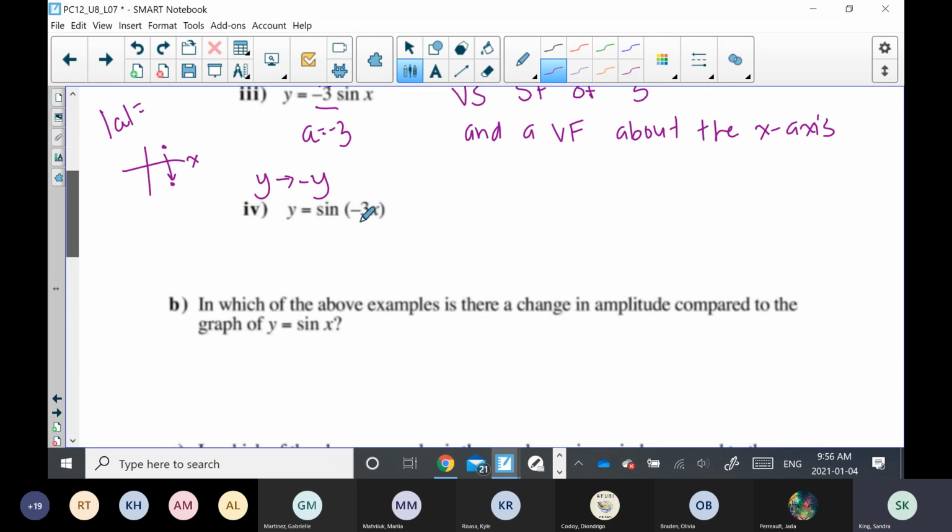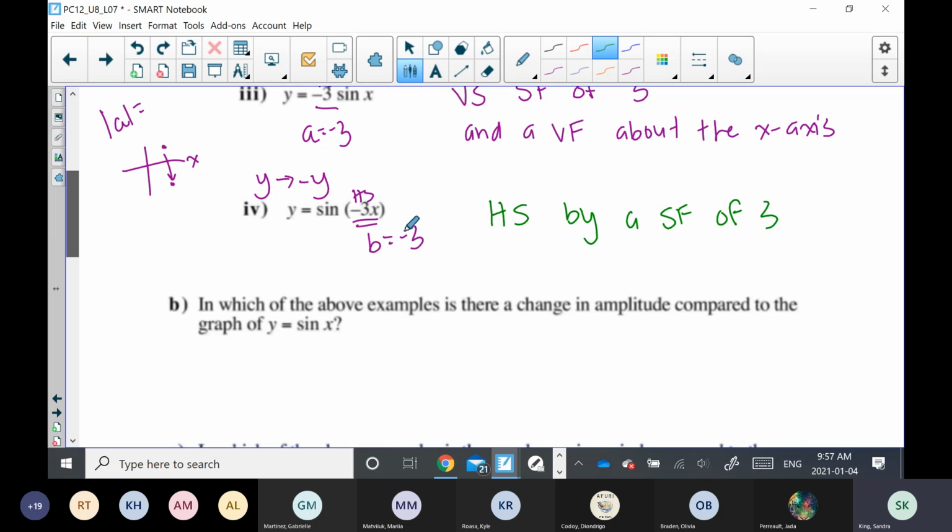This one here, that's our b value. So two things. The b value, remember, is your horizontal stretch. So this graph is going to undergo a horizontal stretch by a stretch factor of 3, because again, it's always the absolute value of b.